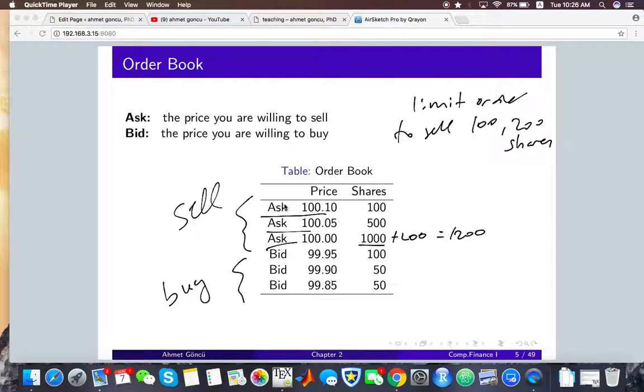If I pay $100, I can buy up to 1,000 shares. But if I want to buy 1,500 shares, then paying 100 will not be sufficient, and the remaining 500 will be executed from 105. In other words, the more I want to buy, the higher the price is going to be pulled up.